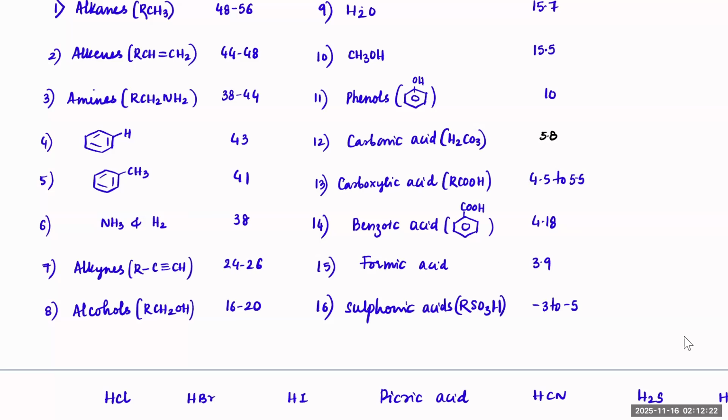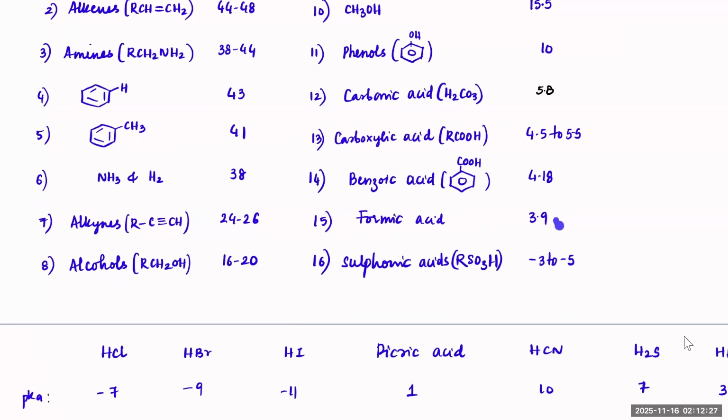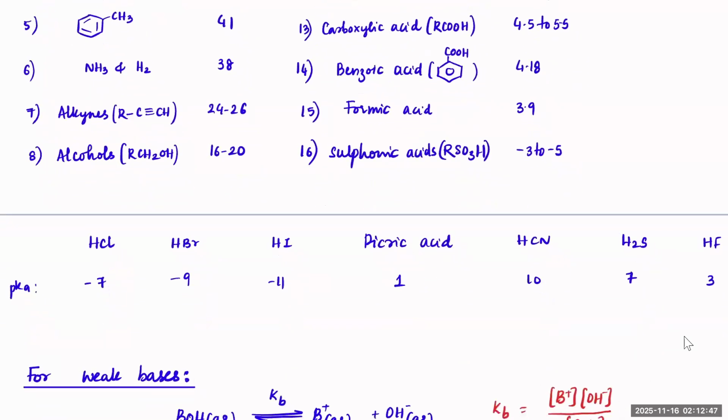Got it? And if it is benzoic acid, exactly 4.18, formic acid 3.9, sulfonic acid -3 to -5, which means minus itself suggests that it's a very, very low pKa value, which means very high Ka value, which means it is highly acidic. So all sulfonic acids are generally more acidic.